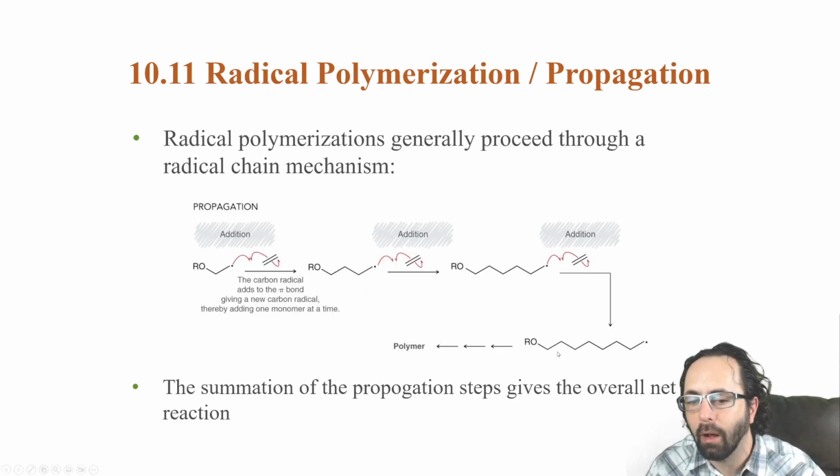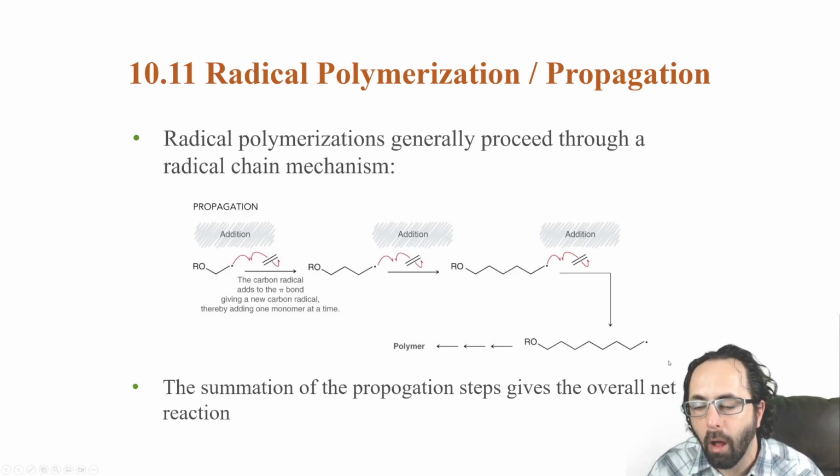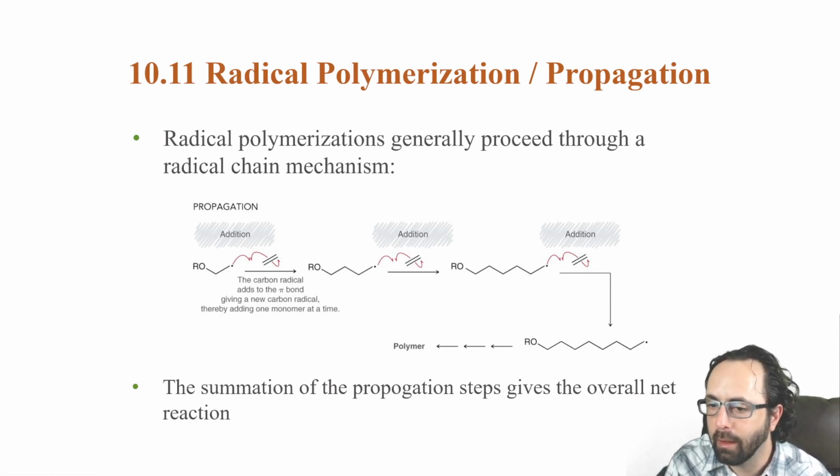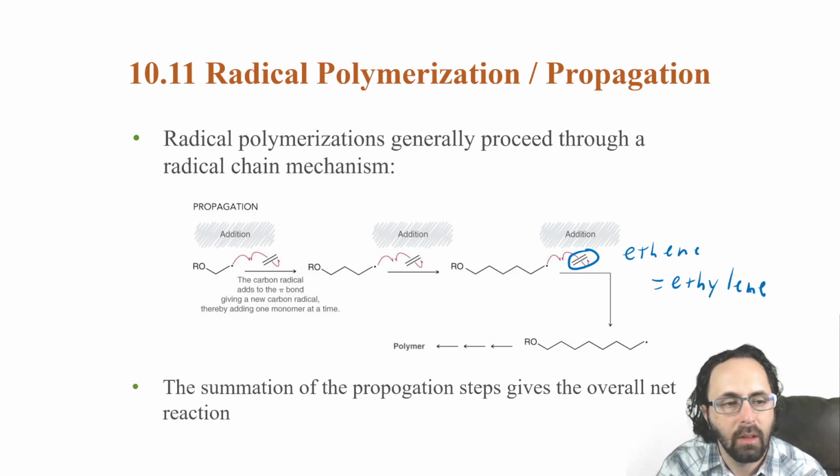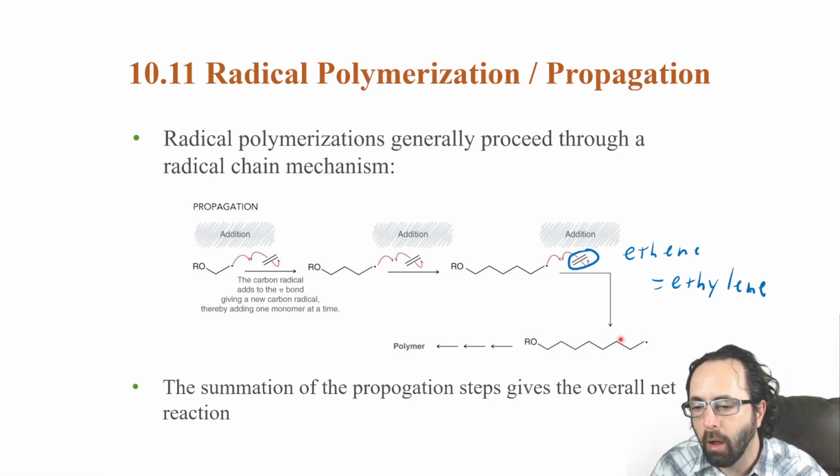And this goes on, producing long chains of carbon atoms. And this would produce, ultimately, polyethylene, from ethene, which is commonly called ethylene. And when we perform this radical reaction in sequence, we end up with polyethylene, very, very long hydrocarbon chains.